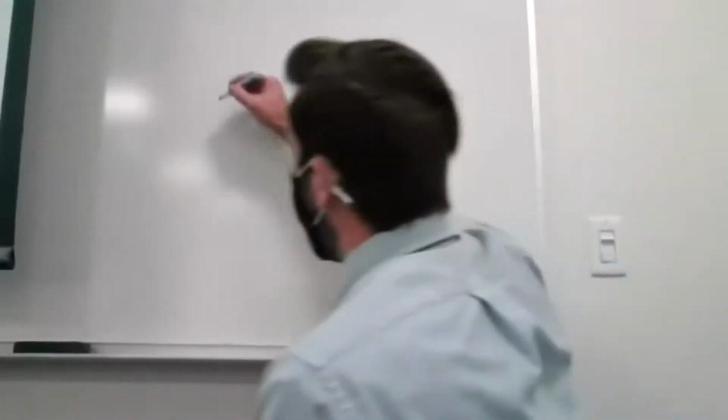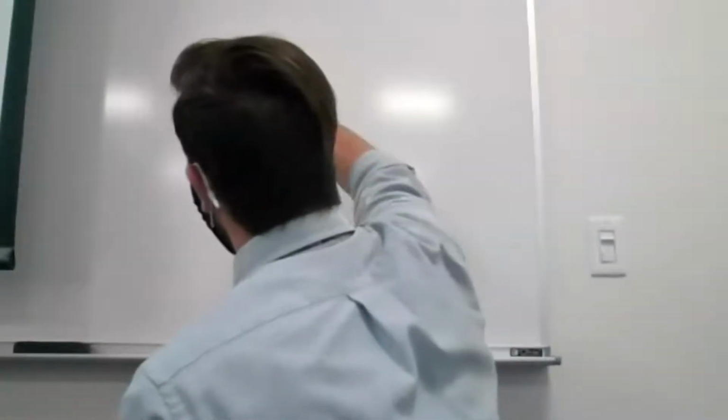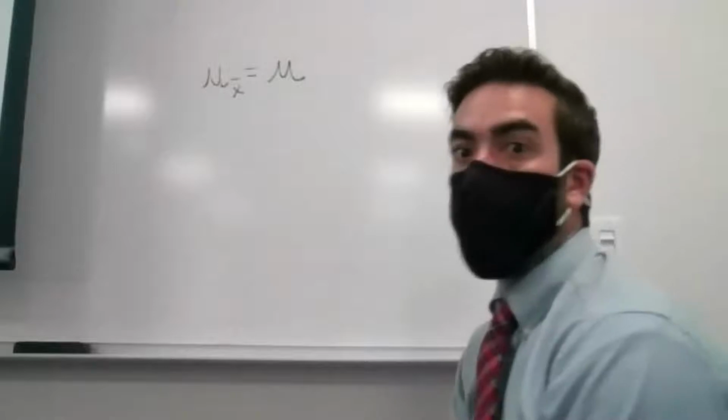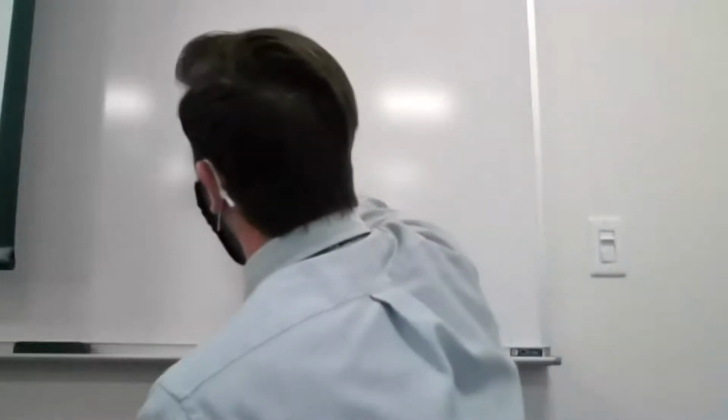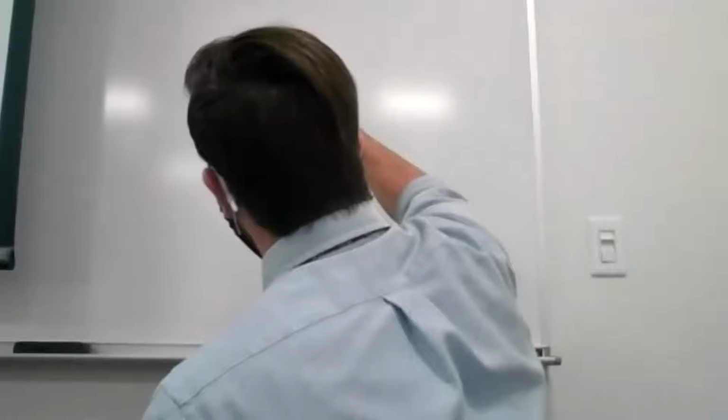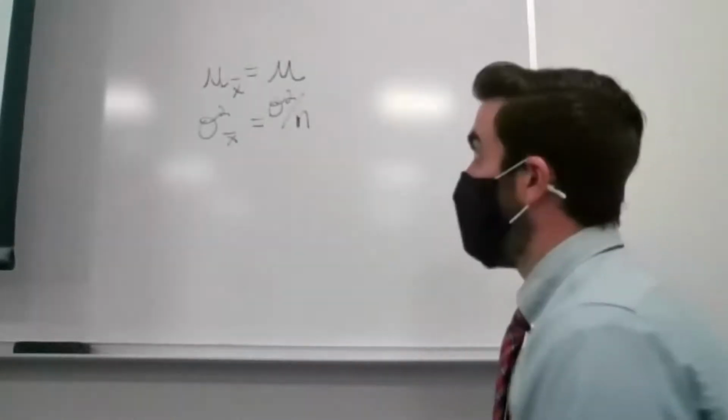Before we jump into proportions, just a reminder. We said the mean of our sample means was whatever the population mean was. The variance of our sample means was the original variance divided by our sample size.